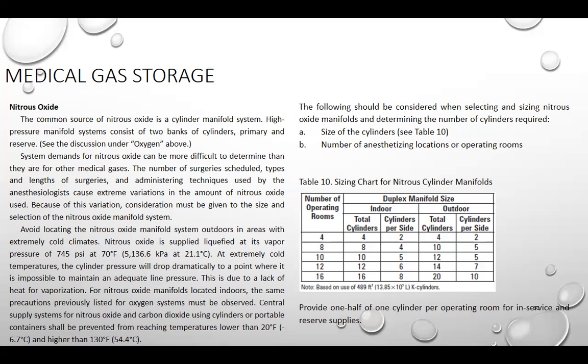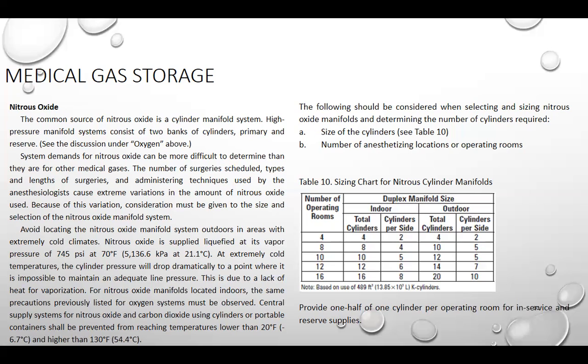Nitrous oxide is supplied liquefied at its vapor pressure of 745 psi at 70 Fahrenheit. So at extremely cold temperature, the cylinder pressure will drop dramatically to a point where it is impossible to maintain an adequate line pressure. This is due to a lack of heat for vaporization.